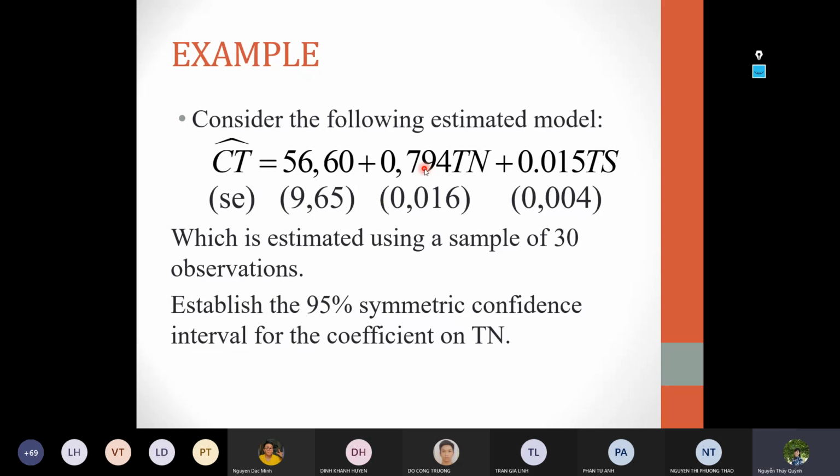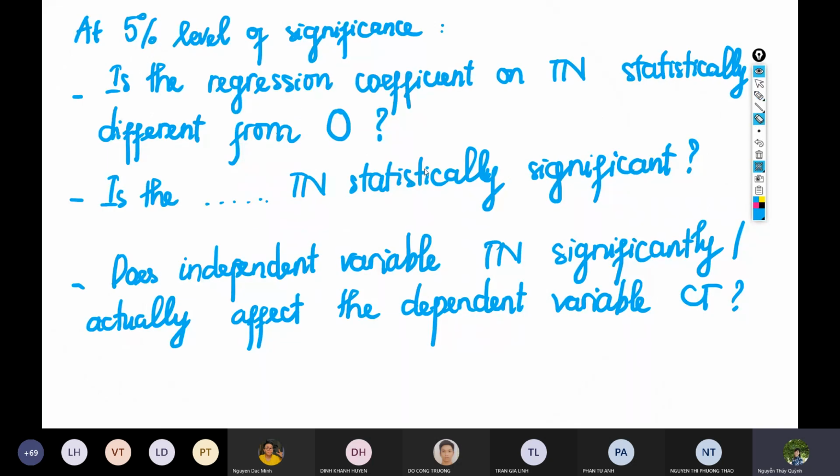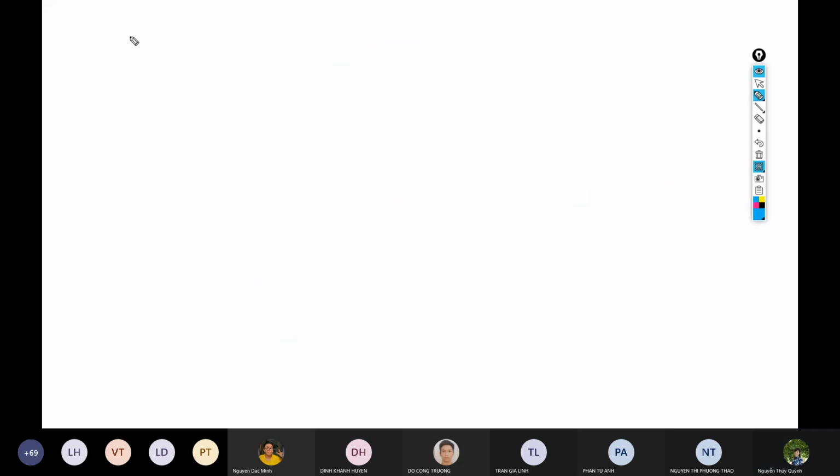Okay, so here, what is your hypothesis? We have three steps. The first one is to state the hypothesis. Class, step one, state the hypothesis: beta j equal to 0.